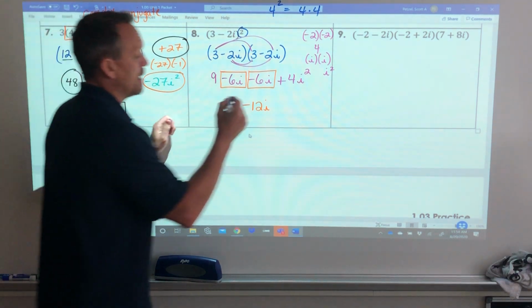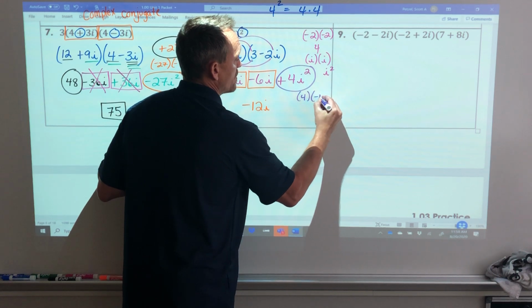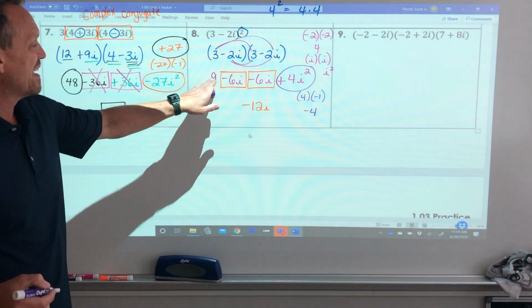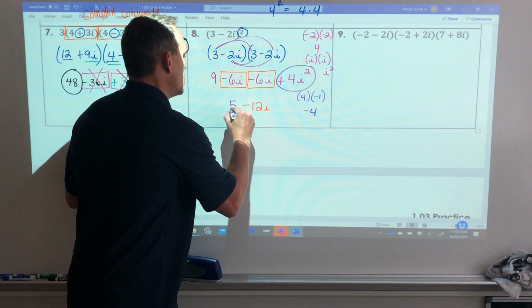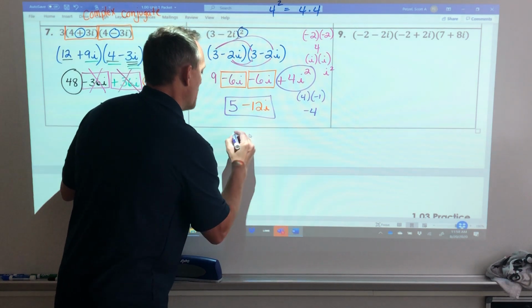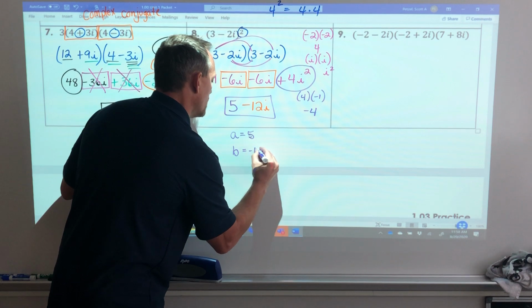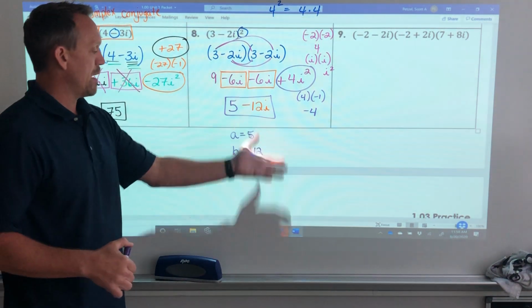A plus bi. Here, this is positive 4 times i squared, which is negative 1, so negative 4. 9 minus 4 is 5. So my a is equal to 5. My b is equal to negative 12. Okay? A plus or minus bi.